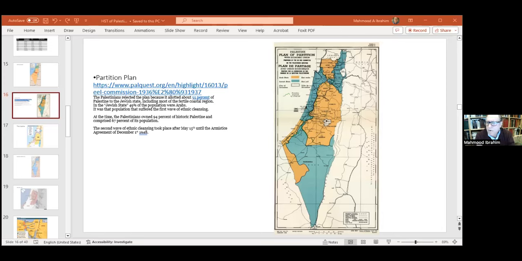Faisal was set up temporarily in Damascus before he was thrown out by the French. Eventually, the British set him up in Iraq to form a Hashemite kingdom of Iraq, which would last from 1921 to about 1958.